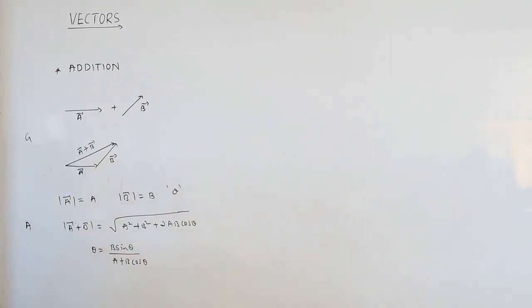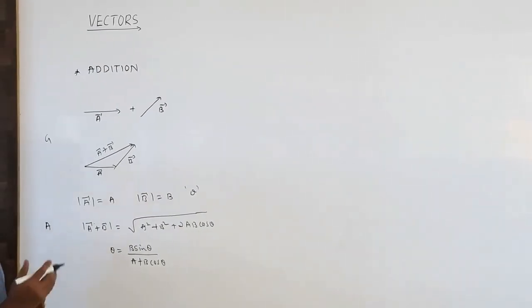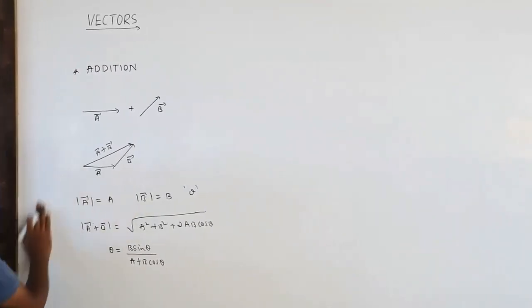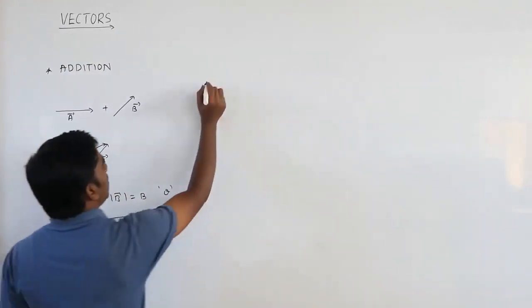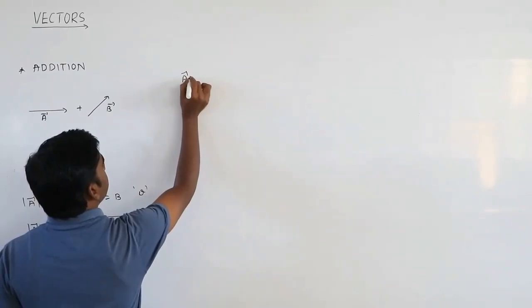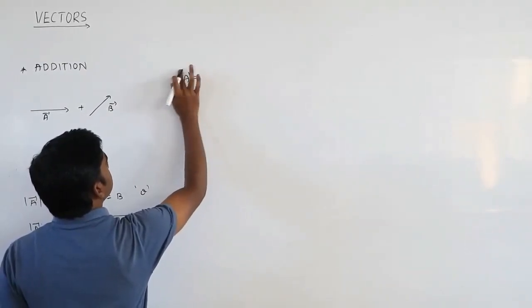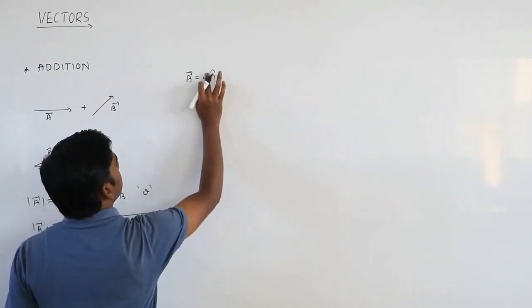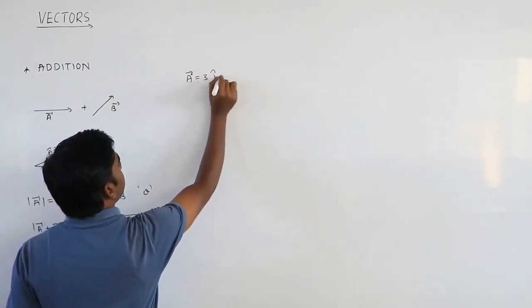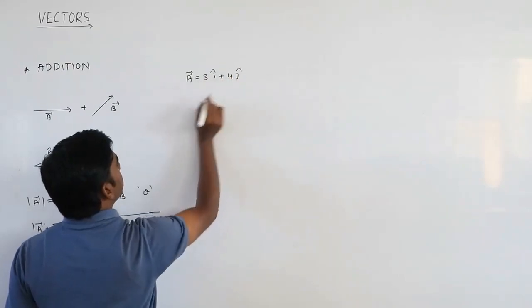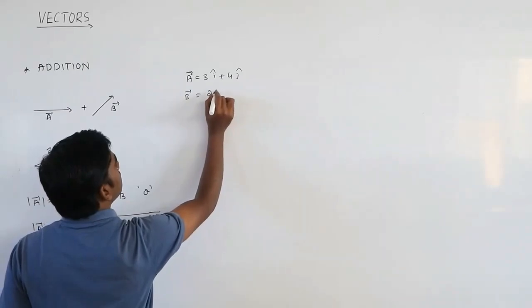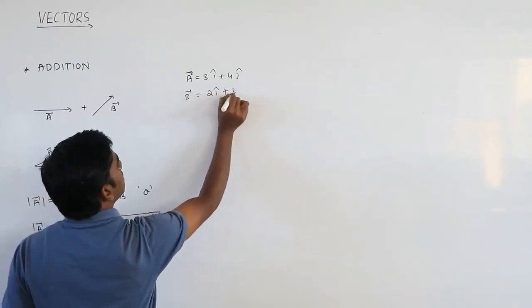Okay. Now the question arises, sir, how can we add if vectors are given in terms of I cap, J cap, K cap? Suppose two vectors are given like this. So vector A is say 3 I cap plus 4 J cap, and vector B is say 2 I cap plus 3 J cap.